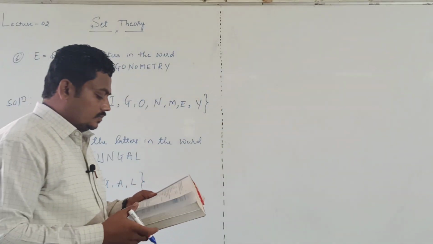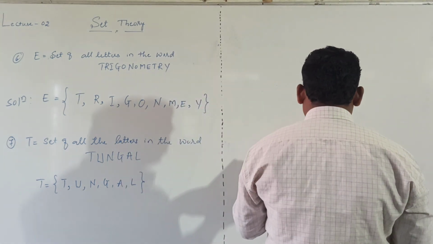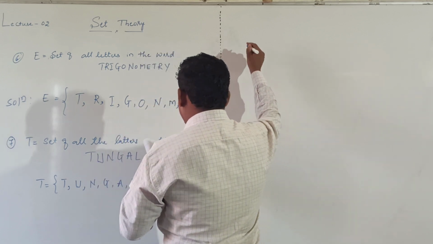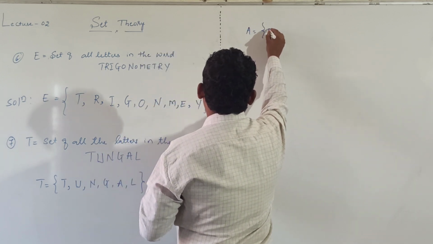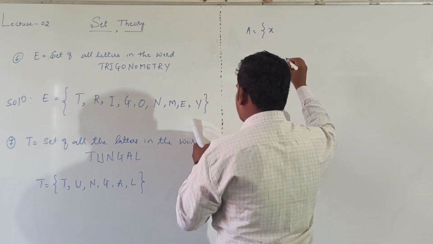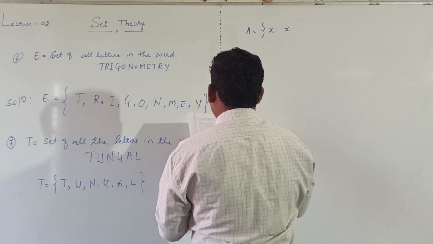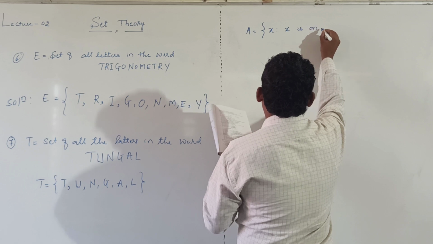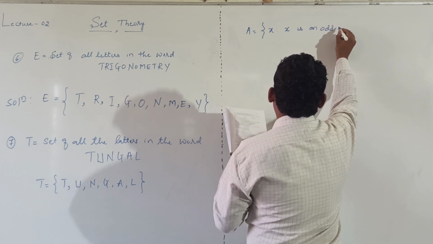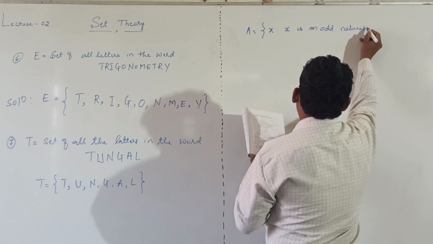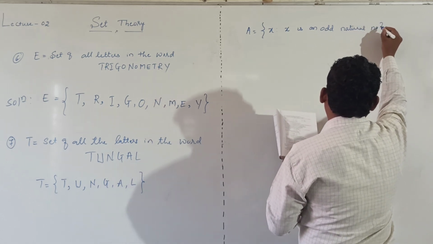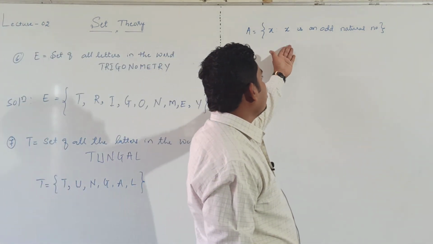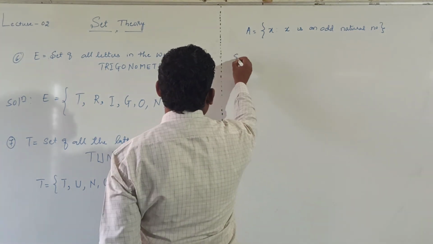Next problem. Write the set A equal to the set of X such that X is an odd natural number in roster form.